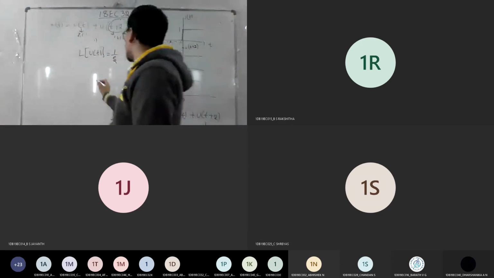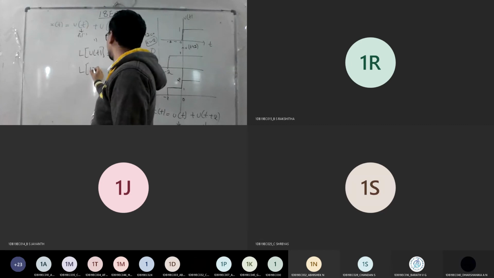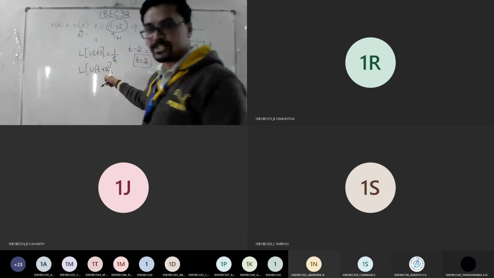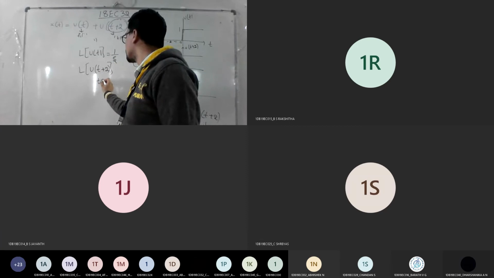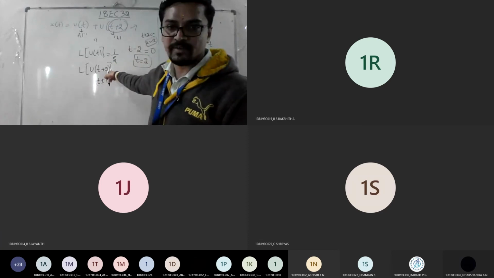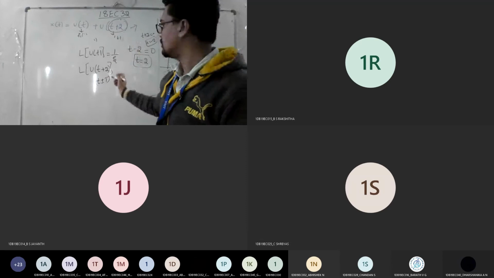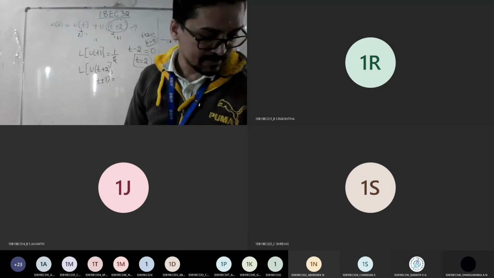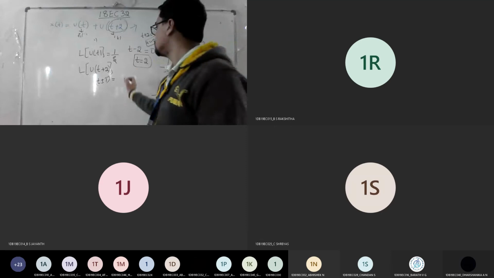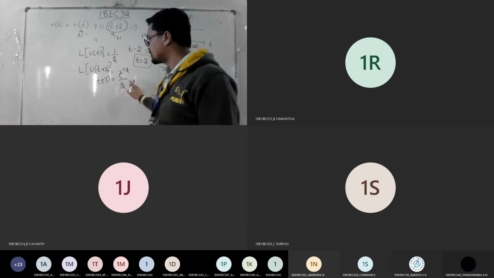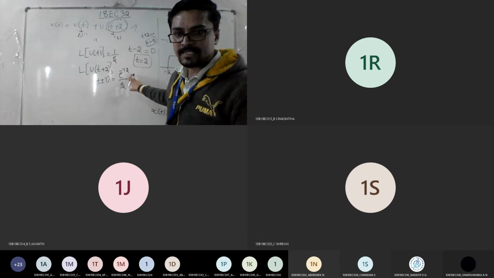If it is Laplace of u of t plus or minus t, this t indicates any time interval, maybe 2, 3, 4, 5, and so on. So what is the formula for this? Just make a note. The formula says it's e power minus ts by s.